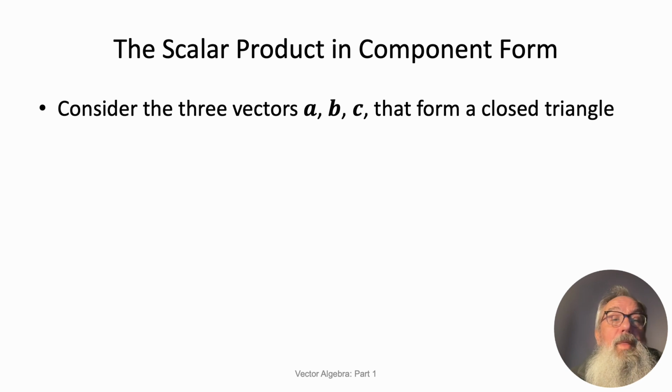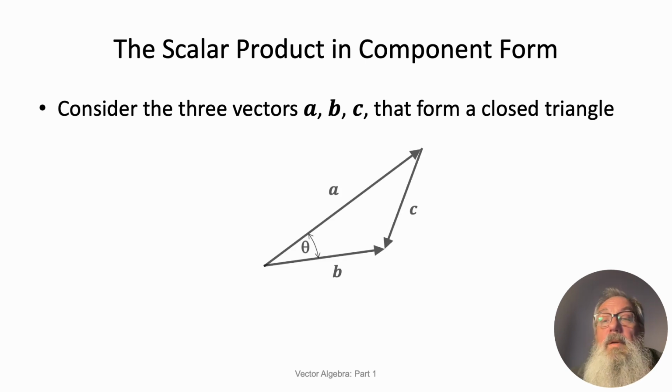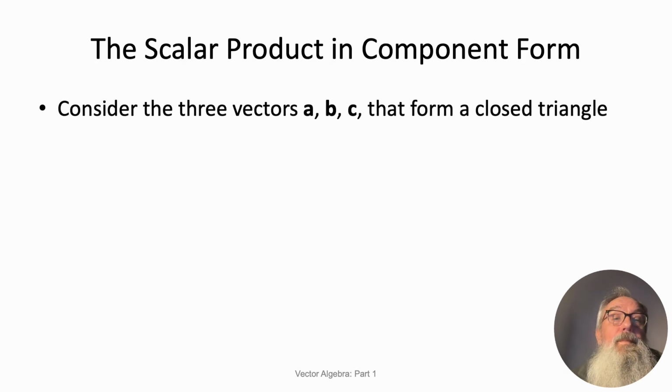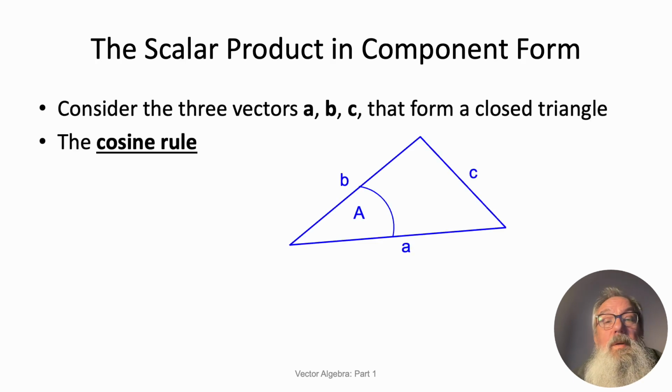So consider three vectors that form a closed triangle. Right, we see this. Clearly, C, which is going from this top point here down to this lower point, is minus A plus B, or B minus A. We can look at this in terms of the cosine rule.